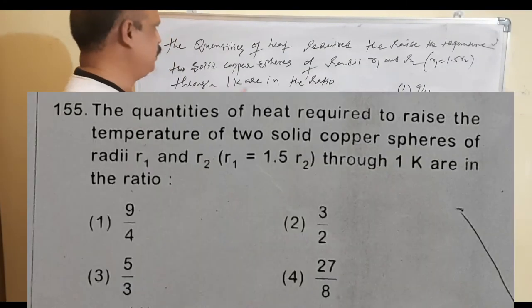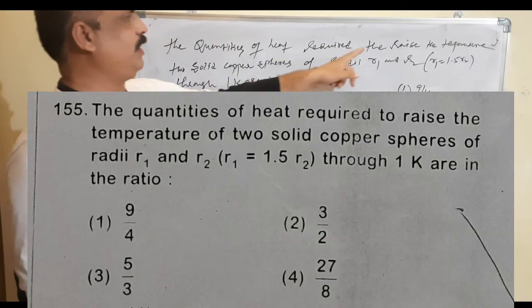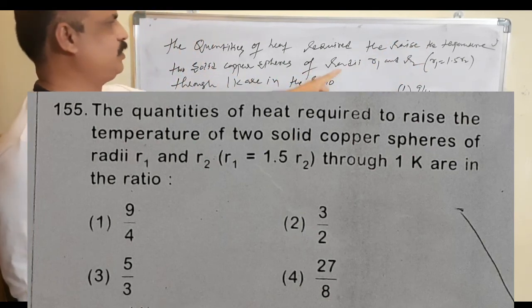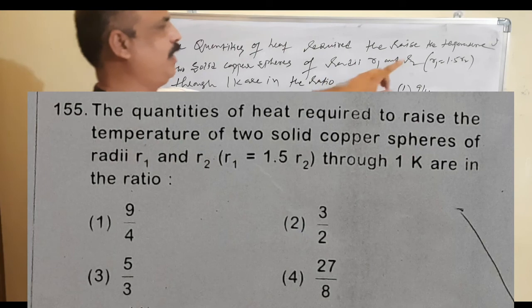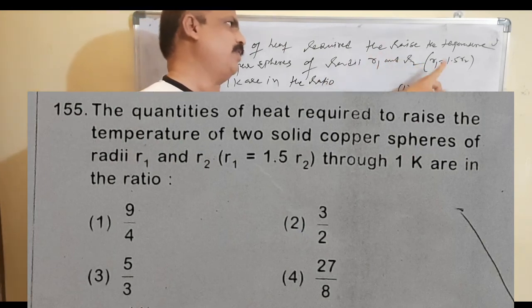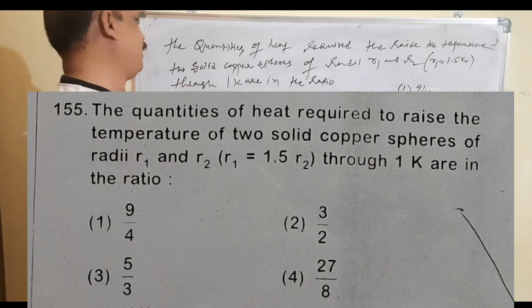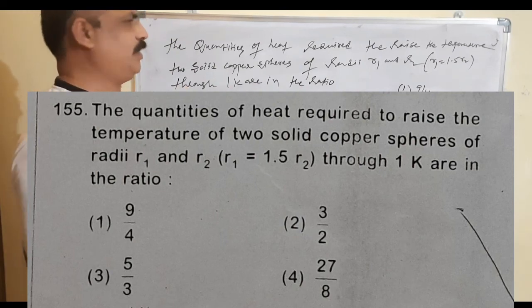Next question. The quantities of heat required to raise the temperature of two solid copper spheres of radii R1 and R2, where R1 is equal to 1.5 R2, through 1 kelvin, are in the ratio.